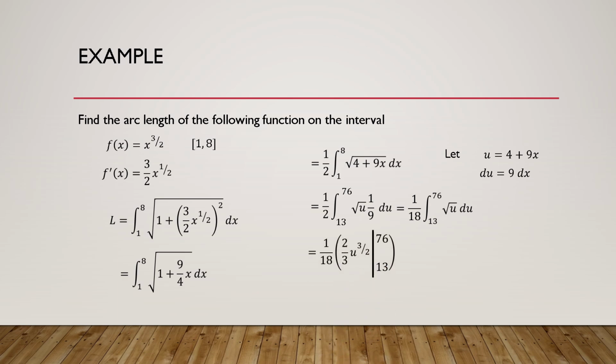Taking the integral gives us 1 over 18 times 2 over 3 u to the 3 over 2 evaluated from 13 to 76, which equals 1 over 27 times the quantity of the square root of 76 cubed minus the square root of 13 cubed. We can simplify to 1 over 27 times the quantity of 152 times the square root of 19 minus 13 times the square root of 13, or approximately 22.80 units of length.